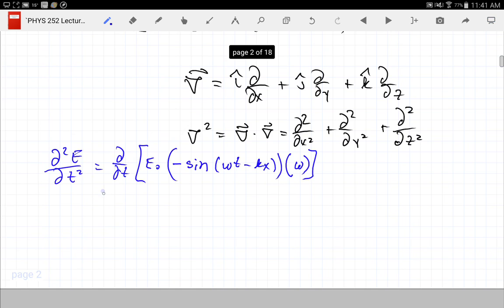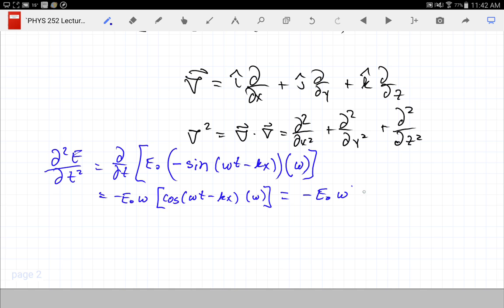Take the derivative of that. Derivative of sine is cosine, times the derivative of the inside, which is again omega. So there's my second derivative with respect to time.